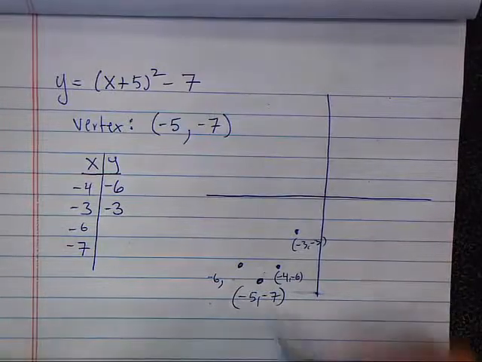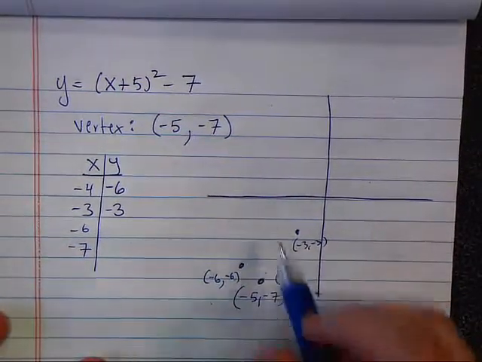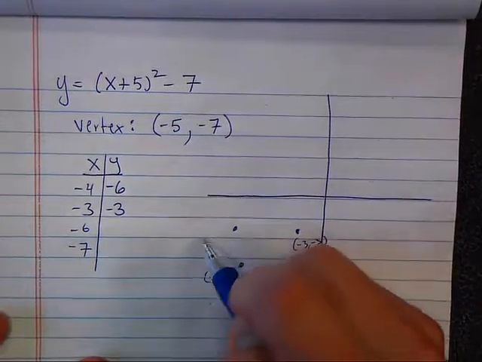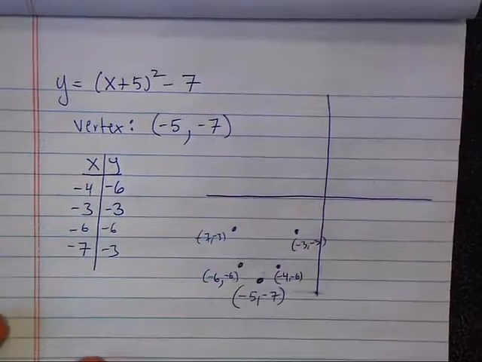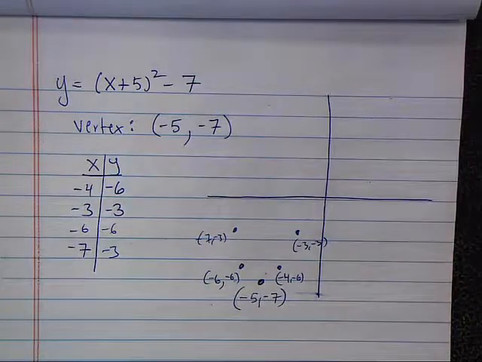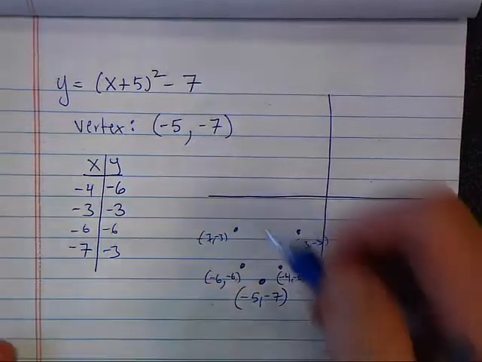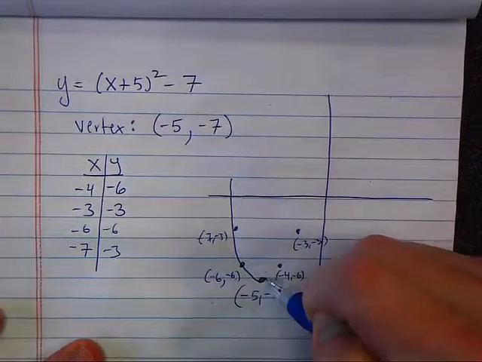I'm going to get negative 6 again, aren't I? And when I plug in negative 7, I will get negative 3. Very good. So I don't really need to figure those out. As long as I'm confident that I plugged in negative 4 and negative 3 correctly, then those other two would have to be exactly the same. There's my parabola.